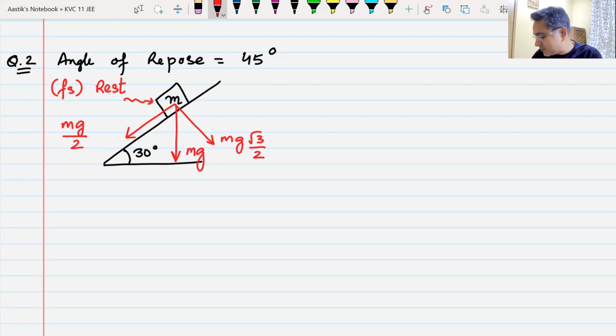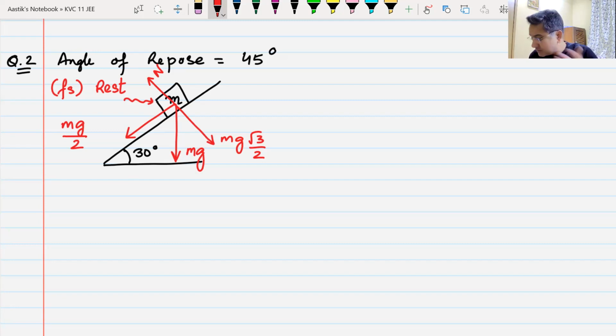Remember, the static friction is smarter than us. See, static friction without knowing Newton's laws is getting smarter than us. We know Newton's law. We have also seen his face.